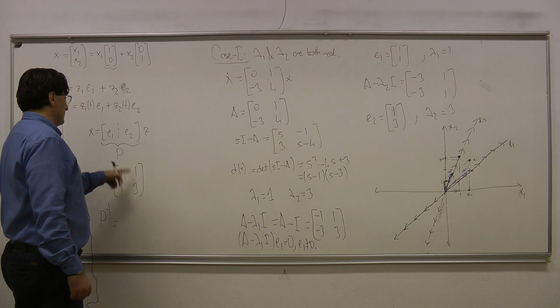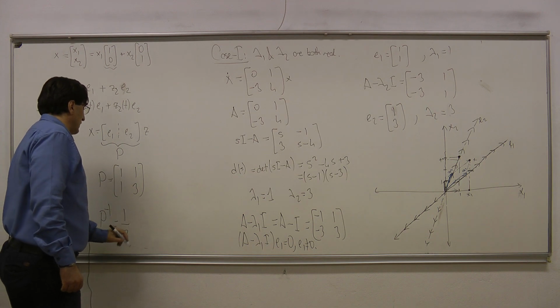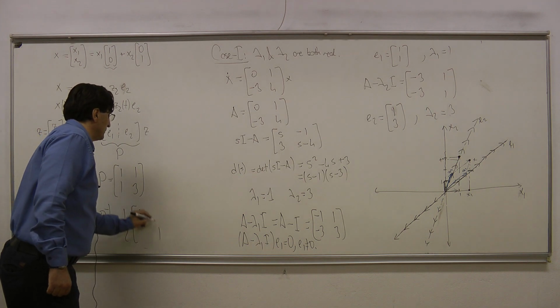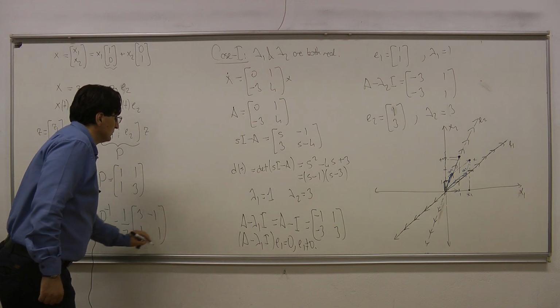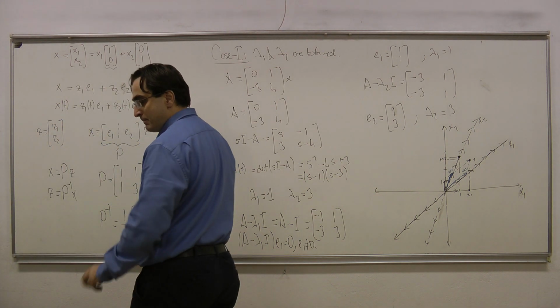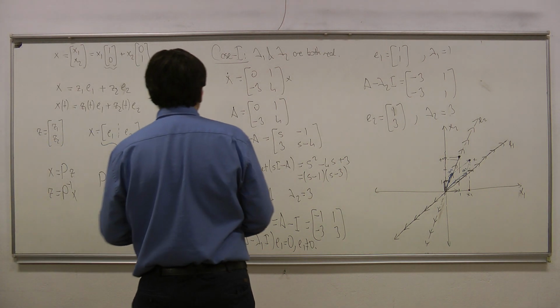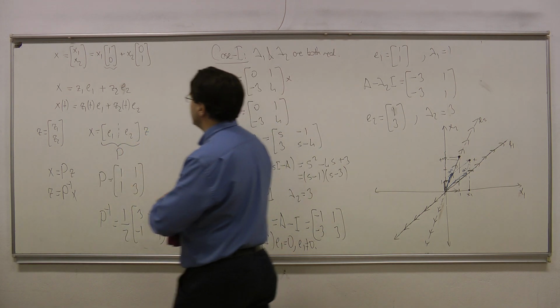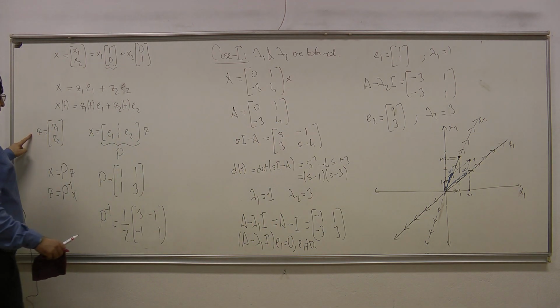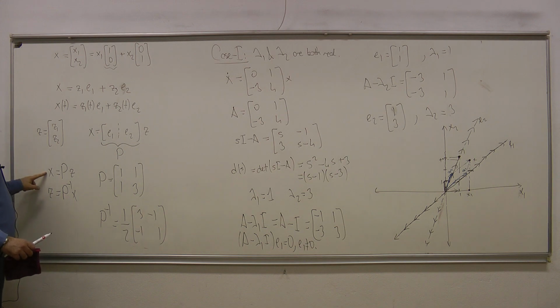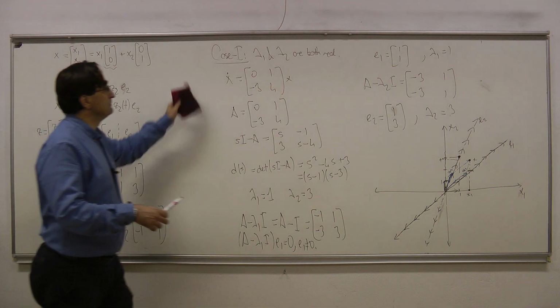It is going to be 1 over the determinant, so 1 over 2 times 3, 1, minus 1, minus 1. So we are changing our state variable from x to z. And z is given in terms of x as P inverse x, and x is given in terms of z as P times z.